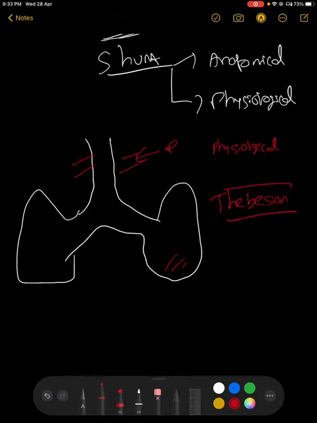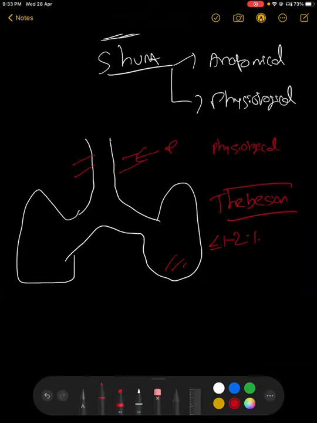There are a few Thebesian veins in the left ventricle, and these directly empty venous blood into the left ventricle. This physiological shunt is less than 1 to 2% of our total cardiac output, so under physiological conditions it won't normally manifest.